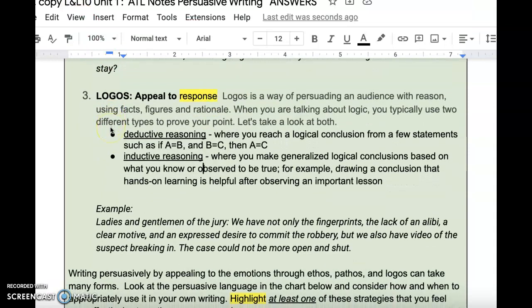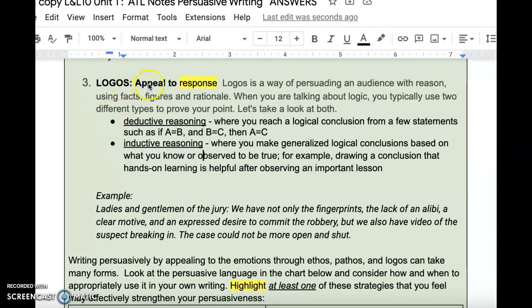Number 3 is logos, which means an appeal to logic. Logos is a way of persuading an audience with reason, using facts, figures, and rationale. When you're talking about logic, you typically use 2 different types to prove your point. Let's take a look at both.